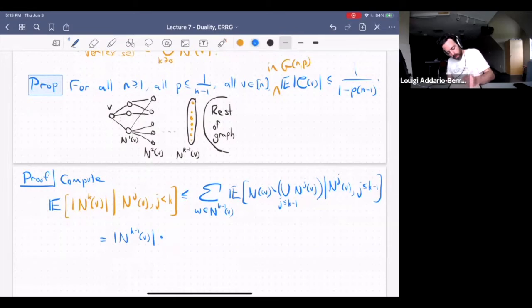So for each vertex in the rest of the graph, we add an edge with probability p, and the number of such vertices is n minus the size of this union.